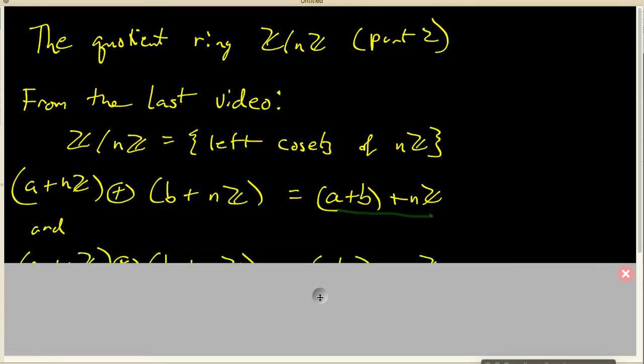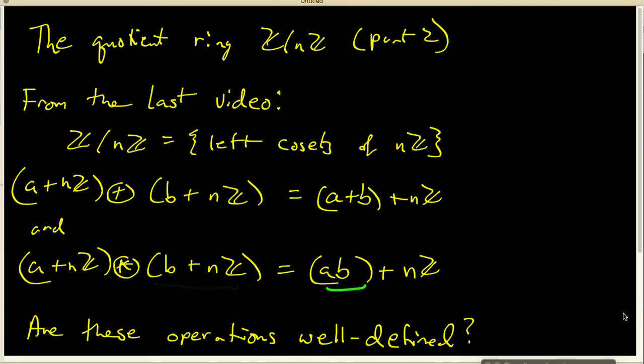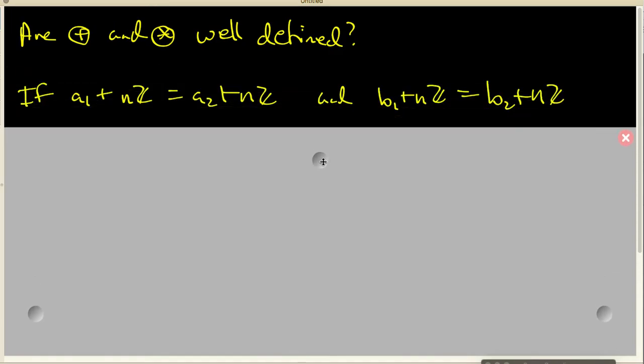Likewise, we defined a multiplication on our set of left cosets, where we do nothing more than multiply two left cosets by simply multiplying the two representatives together. At the end of the last video, I posed the question, are these two operations well defined? Well, the very first thing that I want to look at is that particular question. When I ask whether or not the two operations are well defined, what I really mean is this.